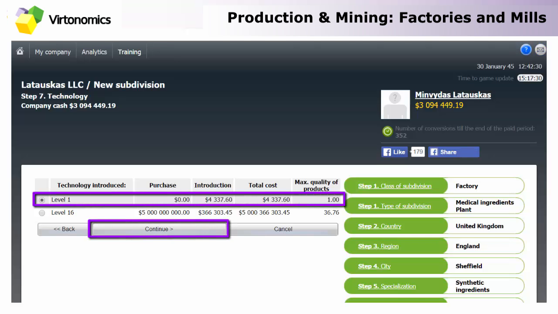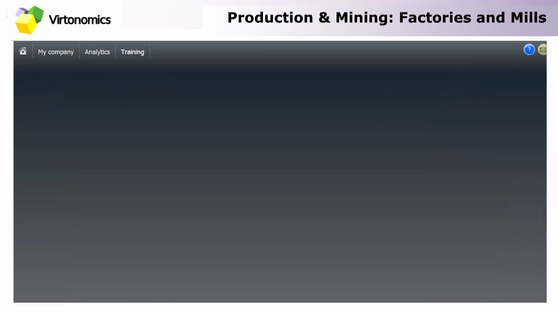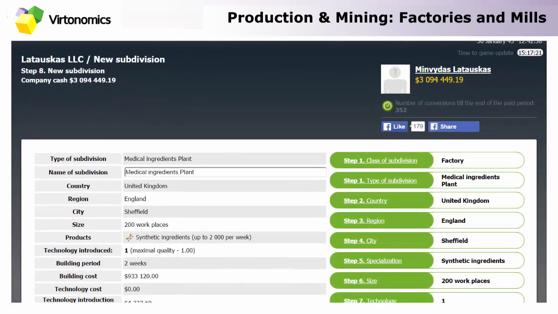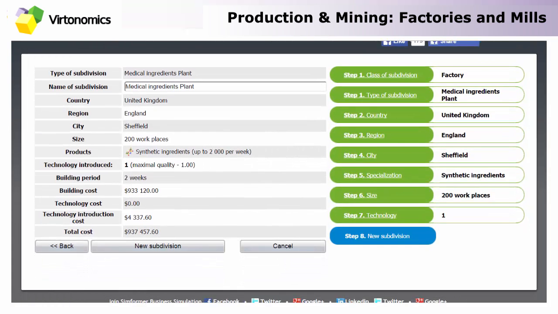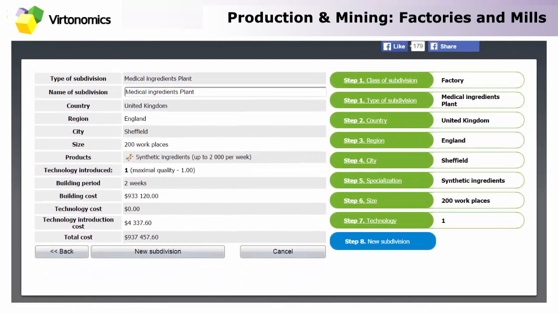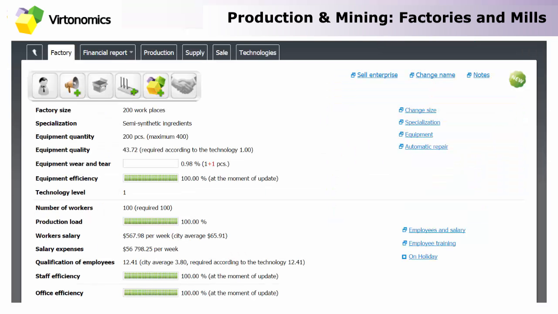You will always start with level 1, and you can later on either develop that technology in your own laboratories or you can buy it in the market. Before opening, you will be given all the information and the price of the factory you're about to open. As the construction of the factory is over, you will be able to use it for your business.